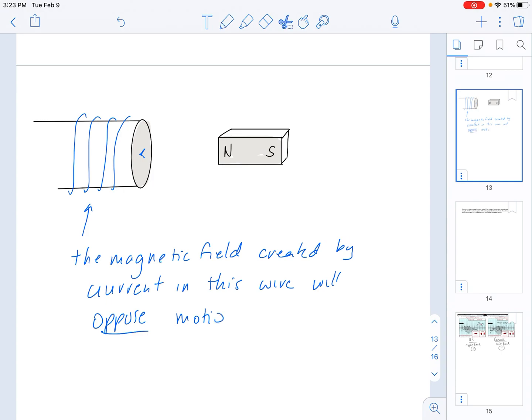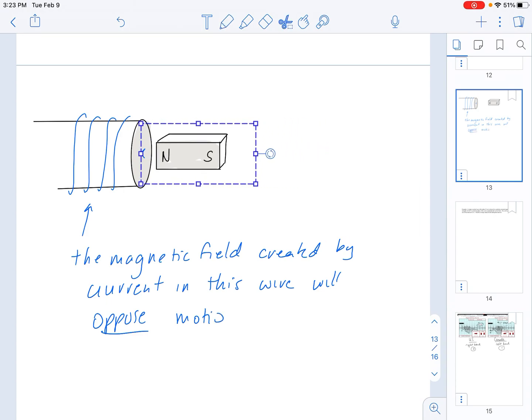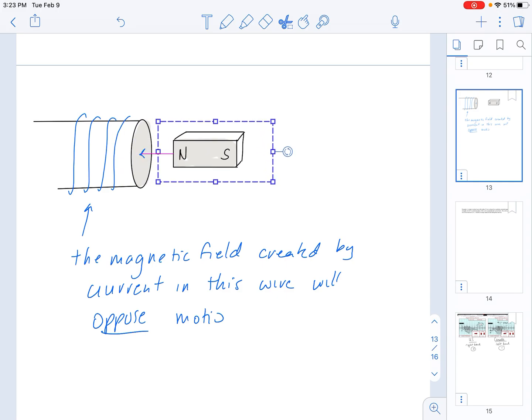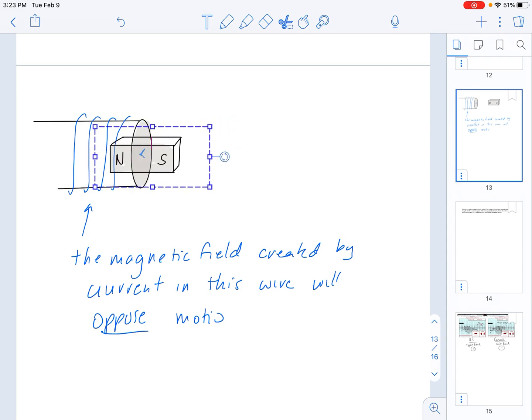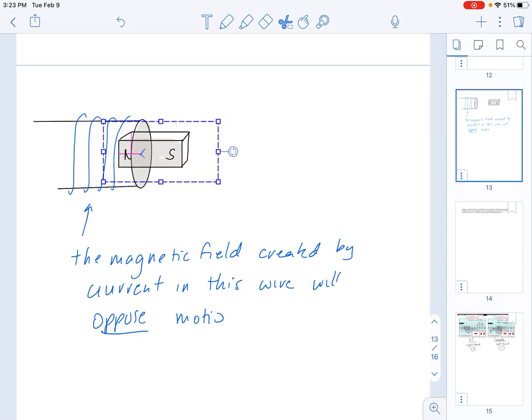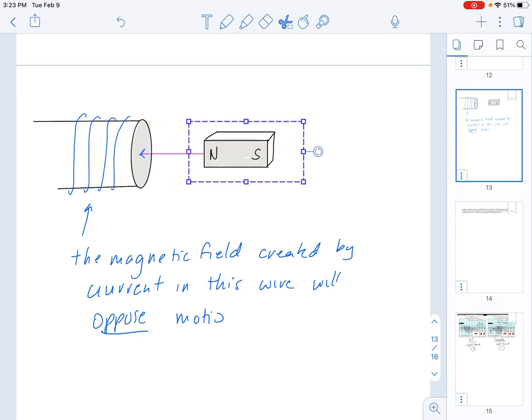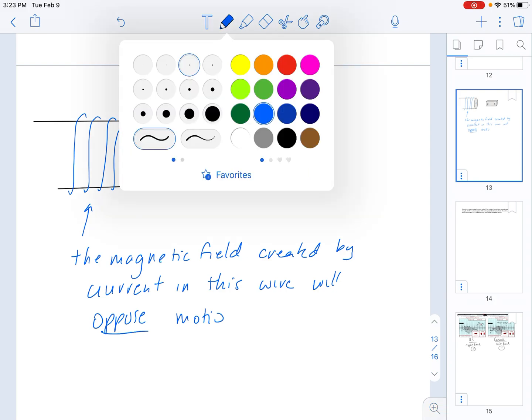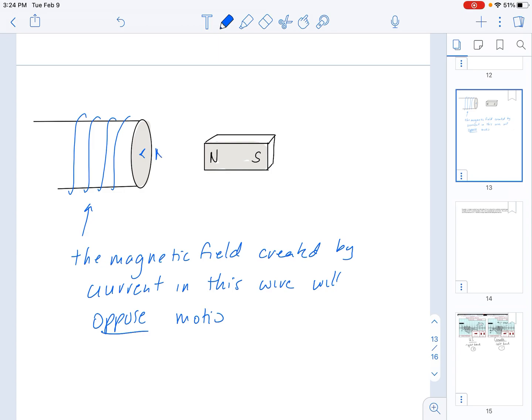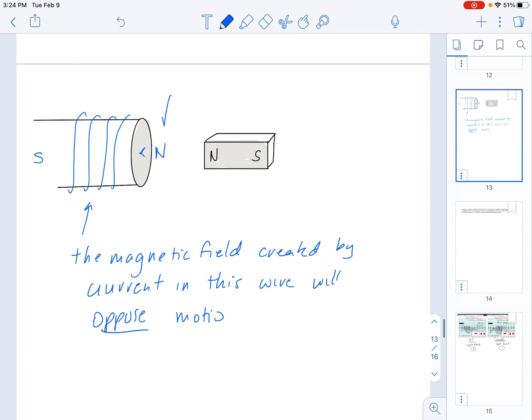In other words, I'm going to have to do work to push this magnet into the tube. As I get closer and closer into the tube, it's going to take force for me to push this into the tube, which means the magnetic field created is going to be that the right end is going to be the north end of the electromagnet, and this end is going to be the south end of the electromagnet.